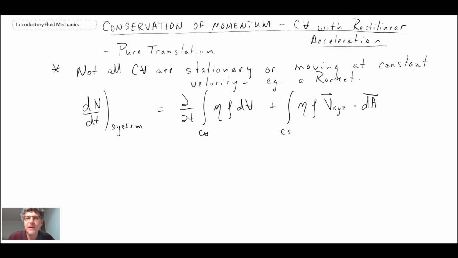And if you recall from the last section that we looked at, cases of linear acceleration, we said that as long as you measure the velocities relative to the control volume, you're okay. So that's where we had constant velocity of the control volume.